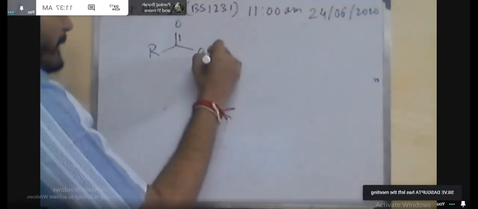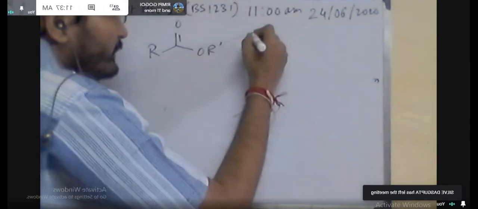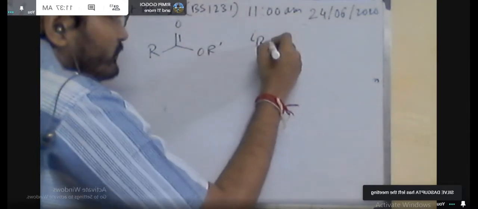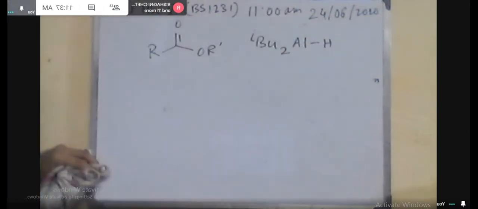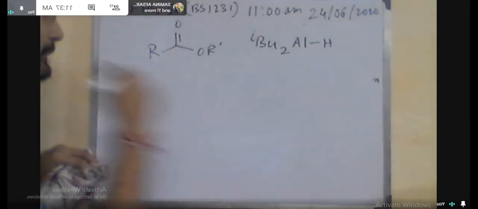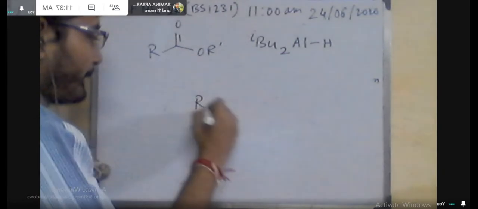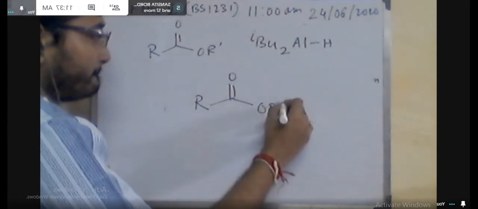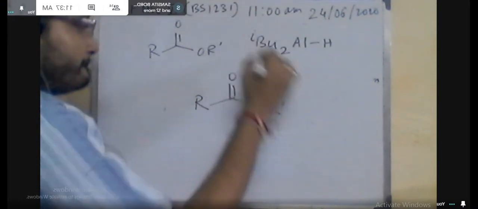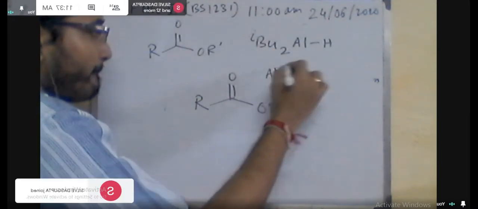After formation of this, there is the hydride source from DIBAL-H. So the hydride will shift here, that means it will attack here, and the positive charge gets neutralized. So it can generate R, O, Al.